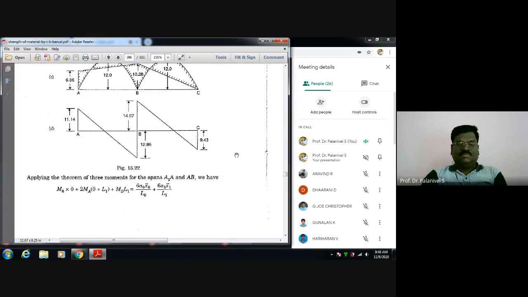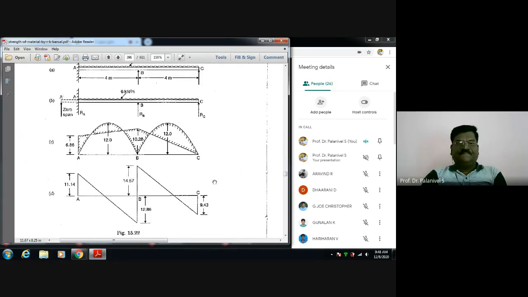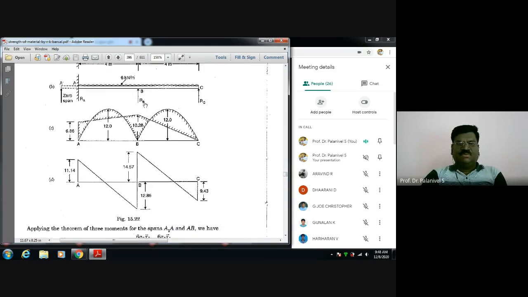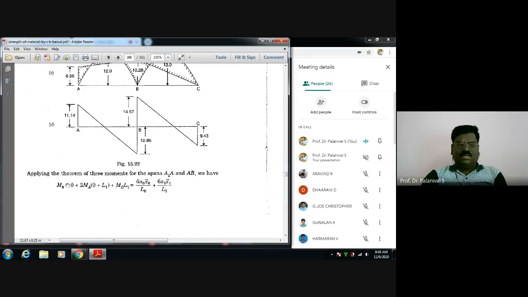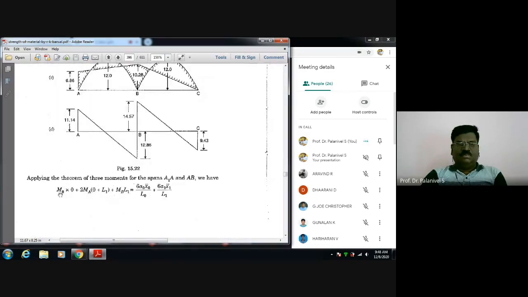Now you have to apply the theorem of 3 moments for the spans A1A and AB. Take these 2 spans. At the 0th span A1, the moment is 0, and the span L1 is also 0 here.